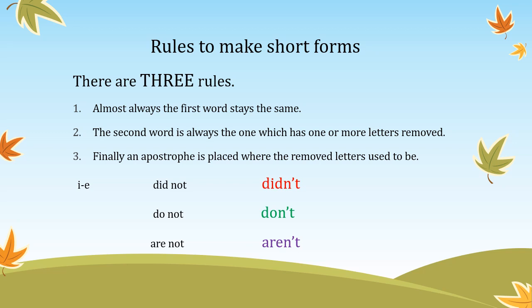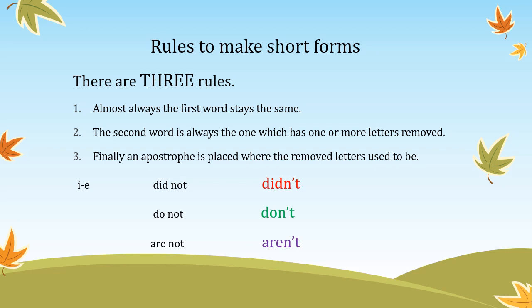Look at the examples. Did not. Did is one word, not is the second word. The second word has changed. O is skipped and an apostrophe is placed in its place. The word is didn't. Do not. Again O is skipped here and there is an apostrophe at that place and the word is don't.